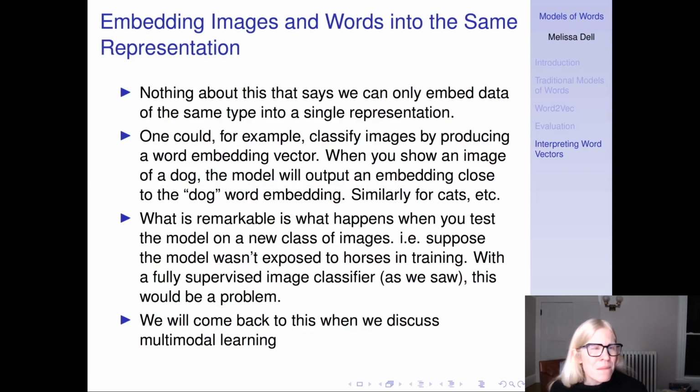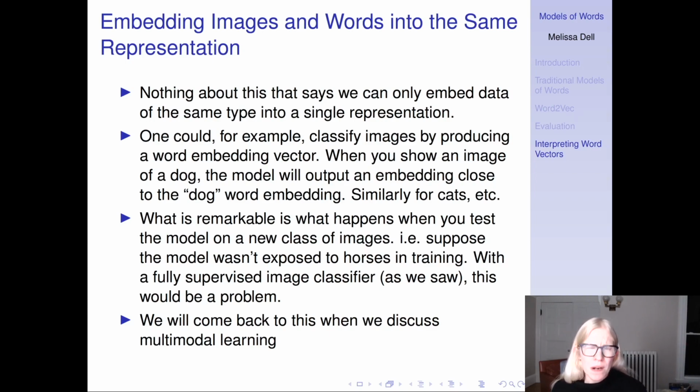All right, so nothing about this says we can only embed data of the same mode into a single representation. One could, for example, classify images by producing a word embedding vector. So when you show an image of a dog, the model output should be close to the word embedding for dog, and similarly for cats or whatever else.